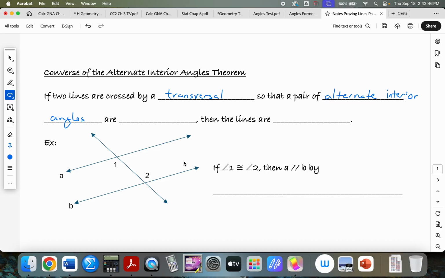What's supposed to be true about alternate interior angles? Congruent. Then the lines are parallel.